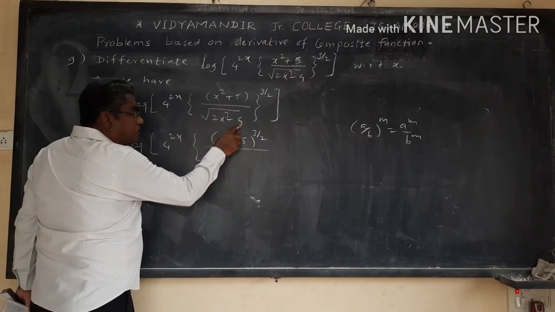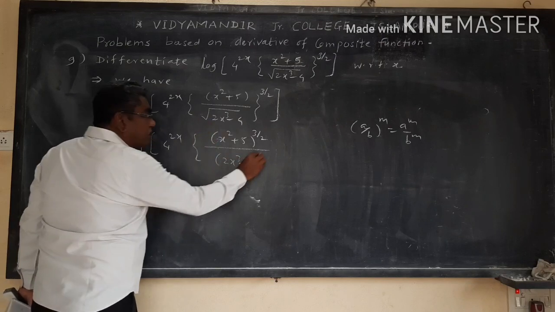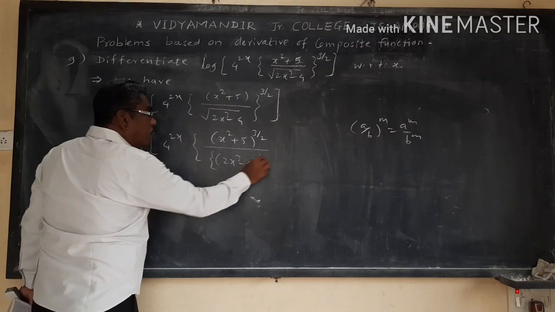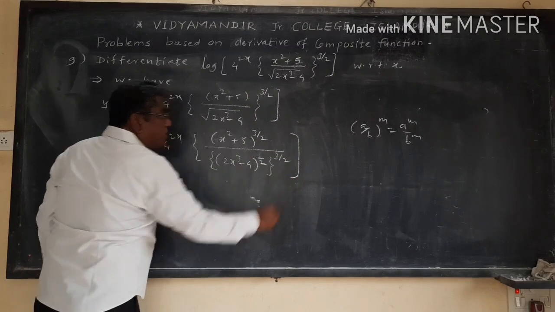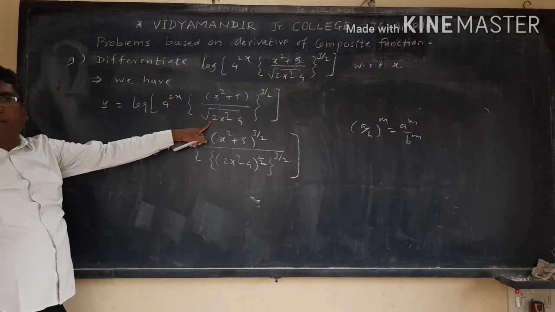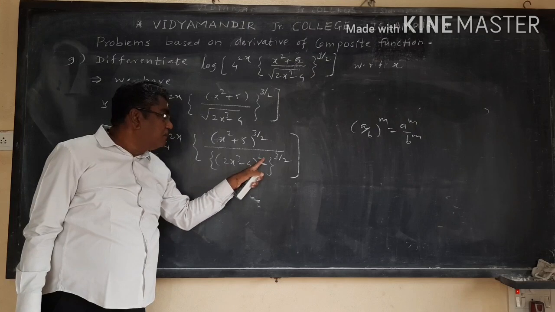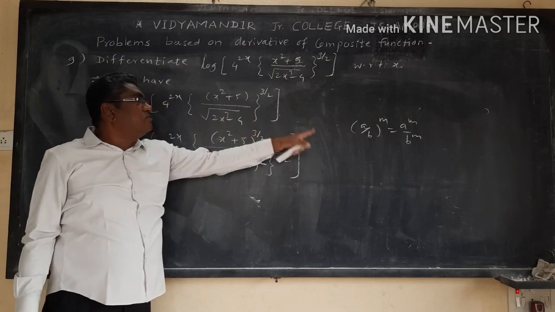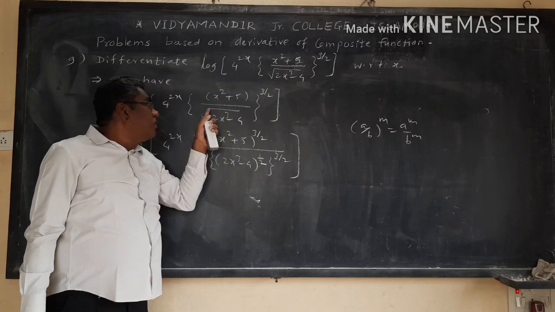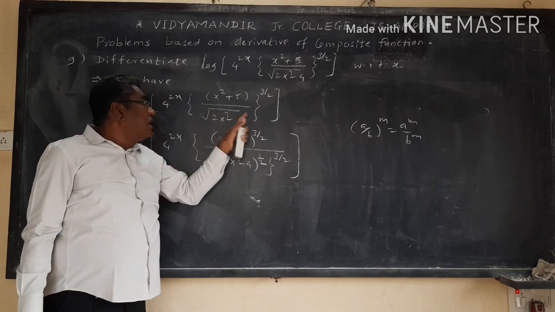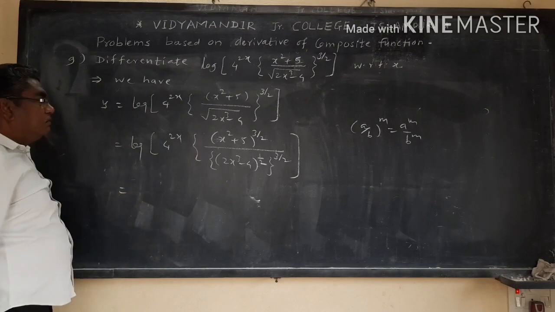Root 2x cube minus 4 means 2x cube minus 4 raised to 1 by 2, and b raised to m means denominator raised to 3 by 2. Since it is a root, it is 2x cube minus 4 raised to 1 by 2, and its power is 3 by 2.